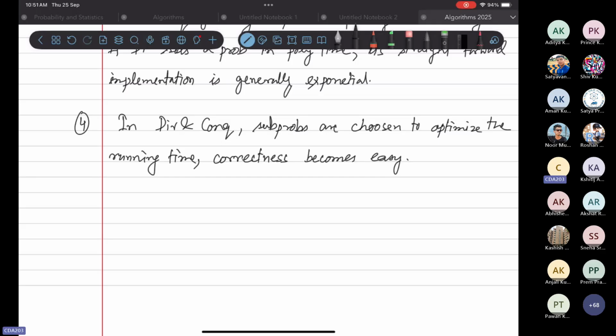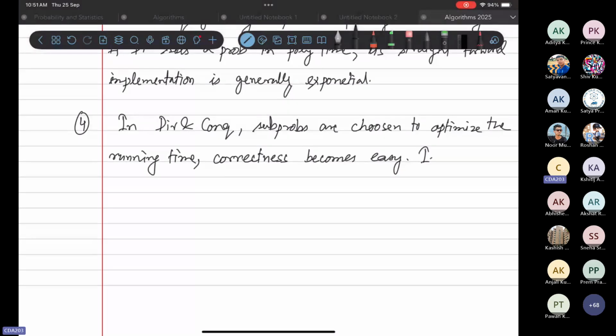So this fourth point is basically how to approach divide and conquer and dynamic programming. While designing a divide and conquer approach, our goal is to figure out how we can improve the running time, and that's the guiding force of choosing the subproblems.